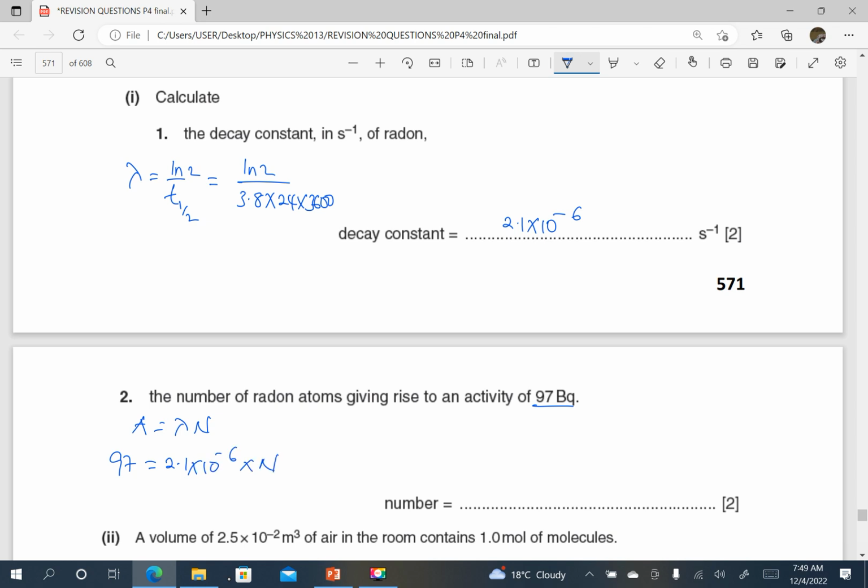So I just press the calculator to find n, dividing both sides. So I'm finding that n is equal to 4.6 times 10 power 7.